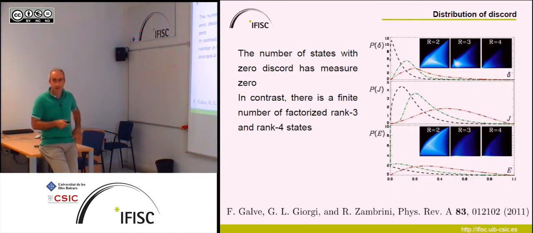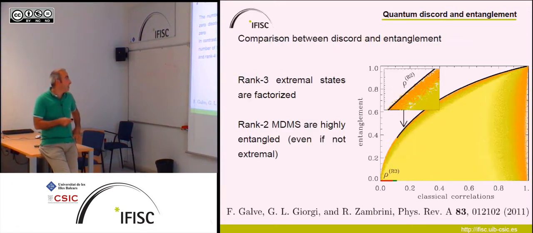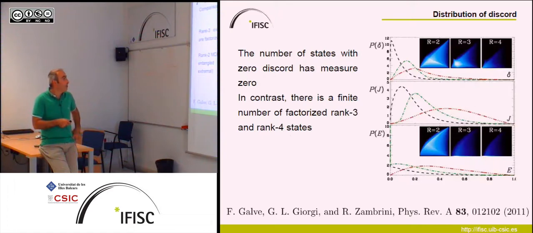Another way of observing this inequivalence is that, since we generated all these states, we plotted the probability of observing a given number for the discord, for the classical correlation, and for entanglement.